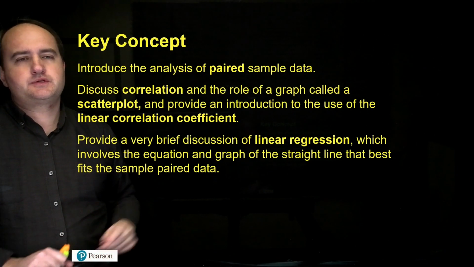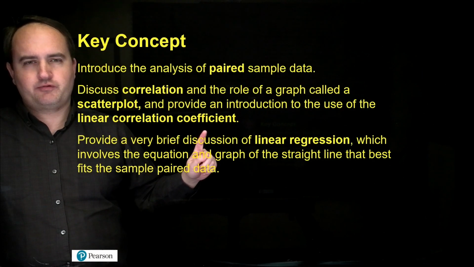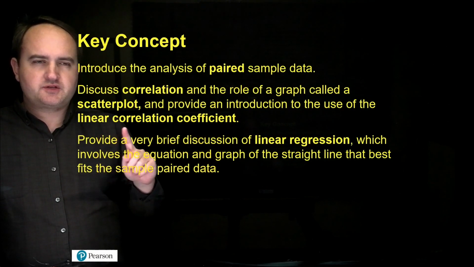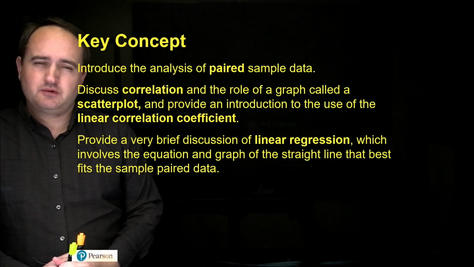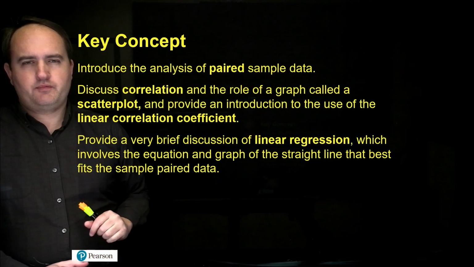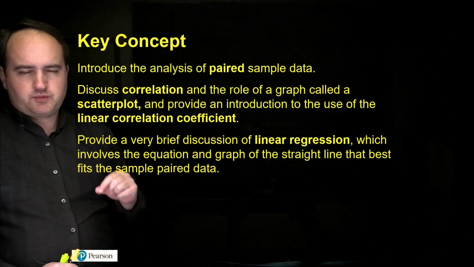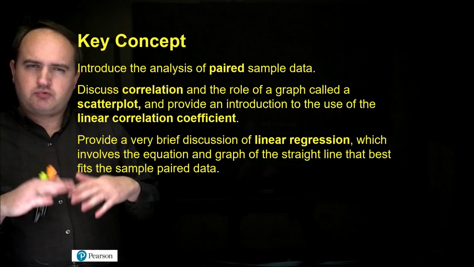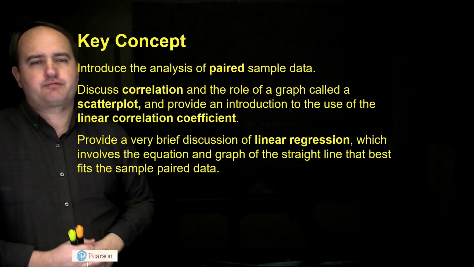And then we're also going to provide an introduction to the use of the linear correlation coefficient. Now we won't actually have to do any math really in this section, but we will be looking at the linear correlation coefficient, which will sort of tell us roughly how much of a pattern there is to our graph.